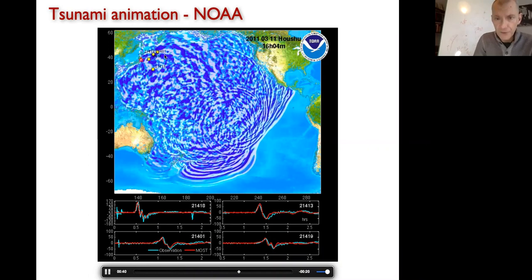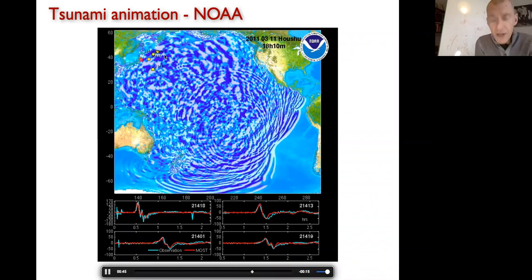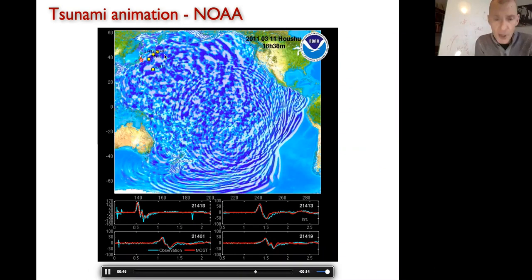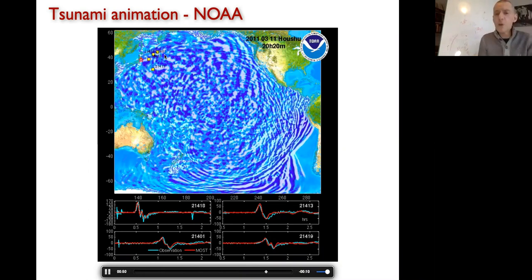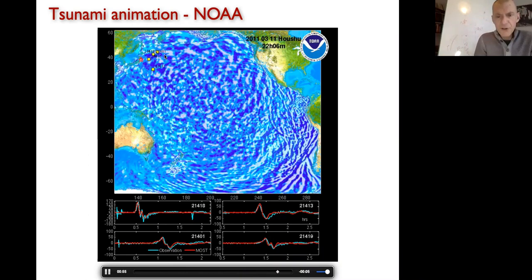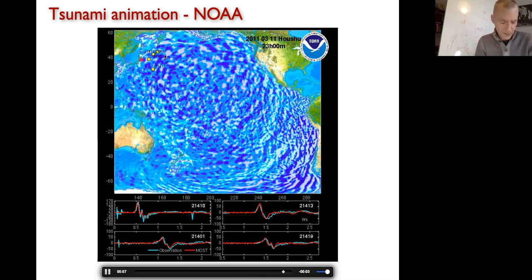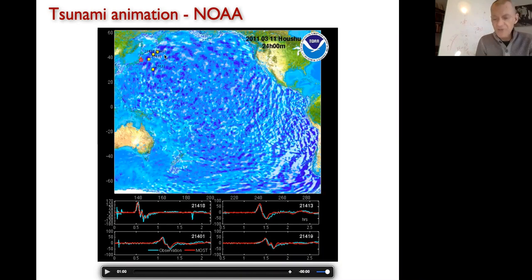The day after, so you have to imagine reversing this animation, it killed tens of Japanese fishermen who were not waiting for this wave. It also killed other people on the small islands in the Pacific Ocean. So, for example, Japan and the US decided to cooperate and build a tsunami warning center, TWC.